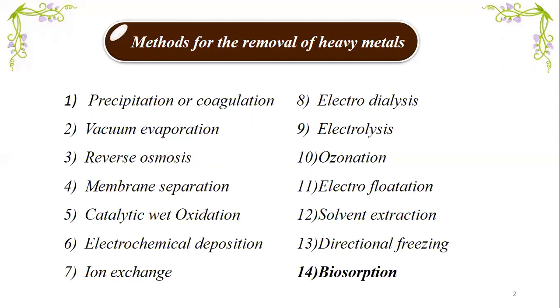The second point, I will restrict myself to biosorption, not to adsorption. Now keep in mind, there is a difference between adsorption and biosorption. In adsorption, you are going to remove any heavy metals, any dyes, any toxic compounds, or anything by using a material that may be from plants, animals, or that maybe you have prepared in the laboratory.